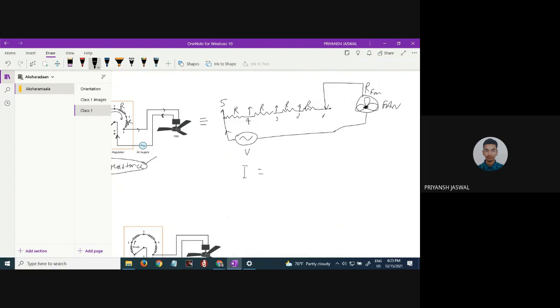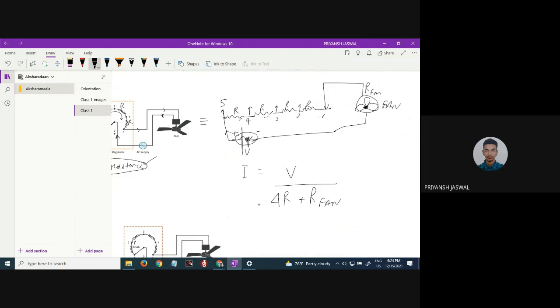So the IRMS will be, or for the time being you can simply treat it as a DC supply, so it will be easy to understand. You can think of it as a small motor fan, where the principle will be the same. So the current here will be V upon these 4 resistances, 1, 2, 3, 4, and the fan resistance.